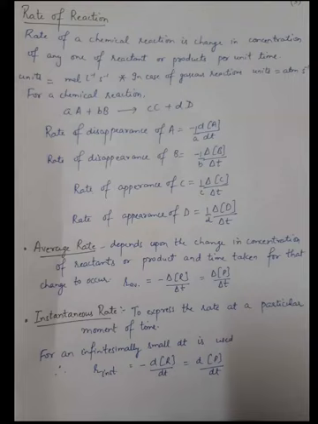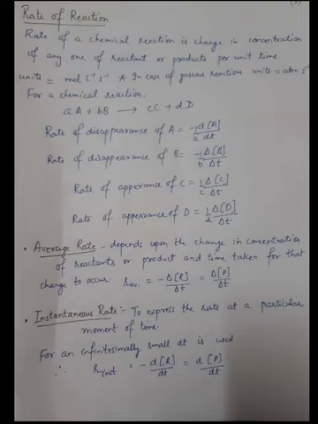Here 1 upon a is the stoichiometric coefficient present in the balanced equation. Similarly, rate of disappearance of B is equal to minus 1 upon b, delta B upon delta t. Here the minus sign indicates that the concentration of the reactant is decreasing.